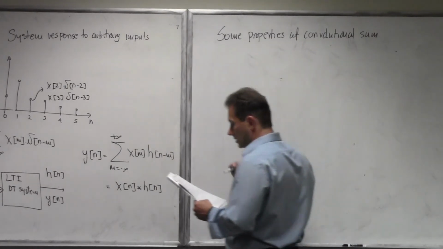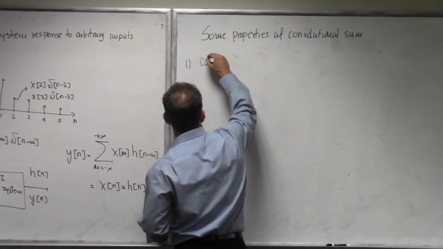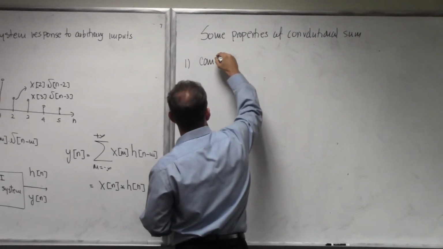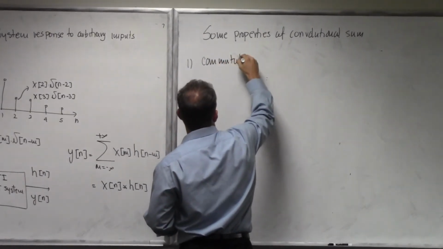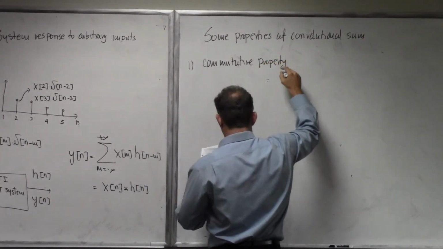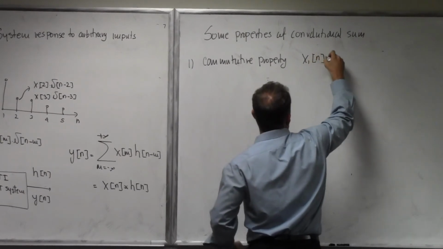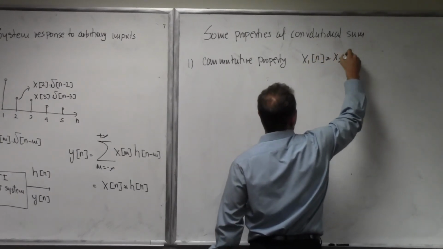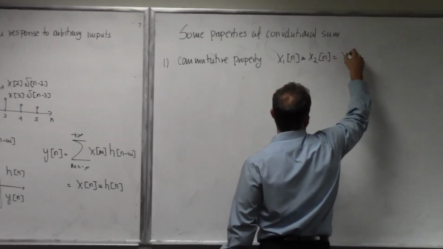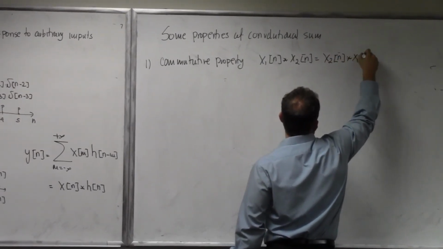So first one is commutative property. And this one says x1 of n convolved with x2 of n is the same as x2 of n convolved with x1 of n.